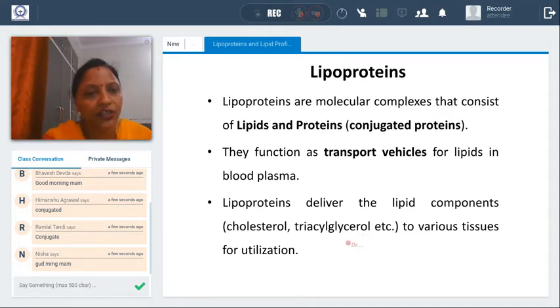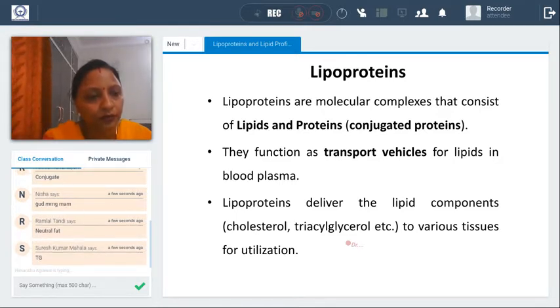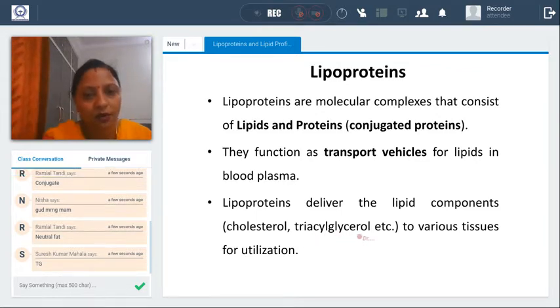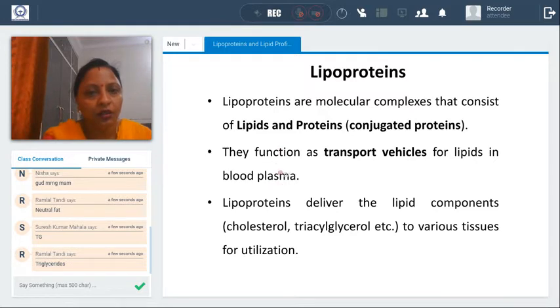Yes, neutral fat, and TG, triglyceride or triacyl glycerol, to various tissues for utilization.